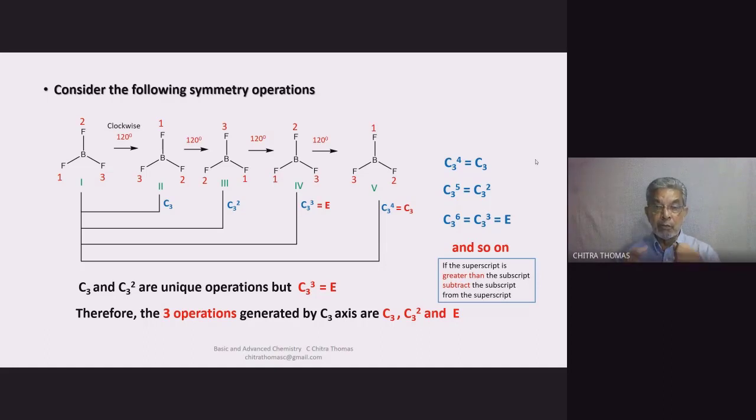Write this down, put it in your memory. This is a tool which you will be using frequently in simplifying symmetry operations. The lack of understanding of these concepts is what makes group theory a tough topic.